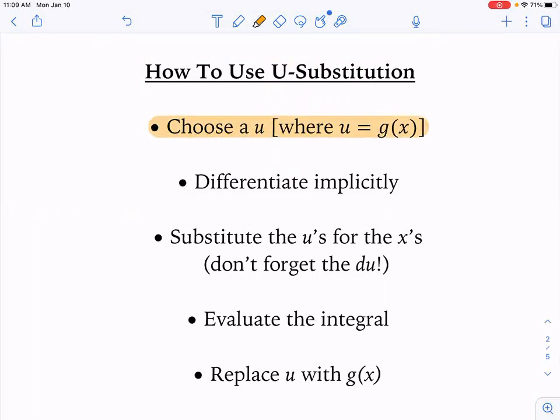Maybe u equals x squared, or u equals 15x minus 3. It's going to equal something. Then you're going to differentiate u so that you can substitute anything that's an x becomes a u. So we're going to go from an integral with dx to an integral with du.